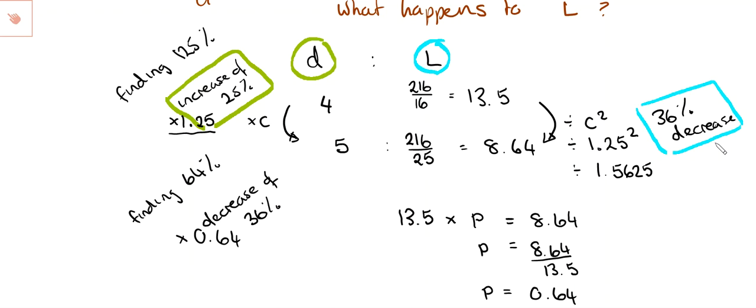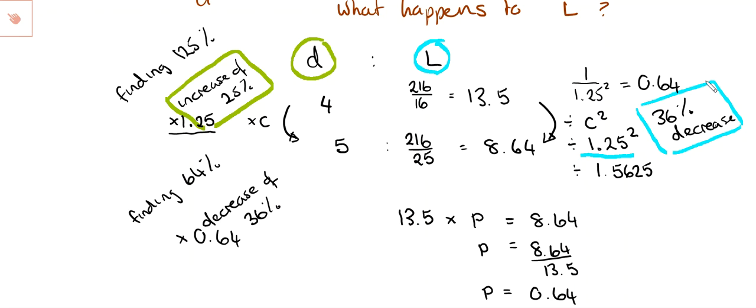Timesing by 1 over 13. What's the same thing as dividing by 1.25 squared? Just do that for me. Instead of doing this, can you just do, what is 1 over 1.25 squared? Can you tell me what that is? It's a decimal. Can you all do it? That would have got us there a bit quicker.